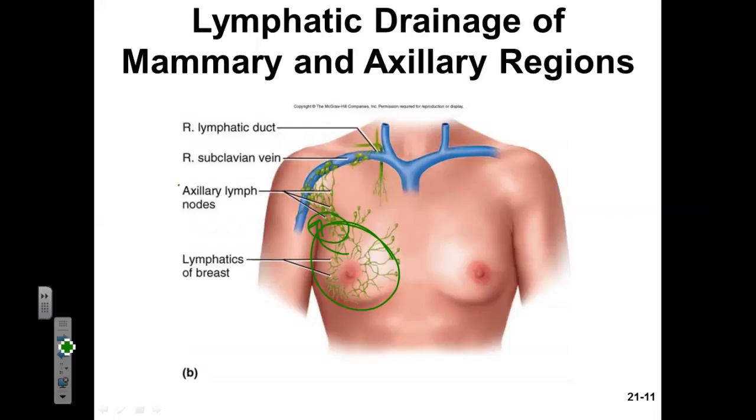That axillary region is a technical term for the armpit area. And from there, those lymphatic vessels are going to work their way to either the right lymphatic duct or that other duct we had mentioned, the thoracic collecting duct.